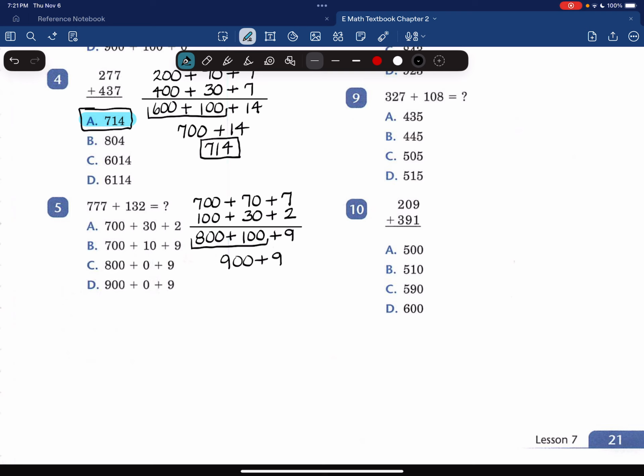And so this is a little interesting. 900s, 0 tens, and 9 ones. So that answer is going to be D. There are no tens. 900 plus 9 would be 909 as the final answer.